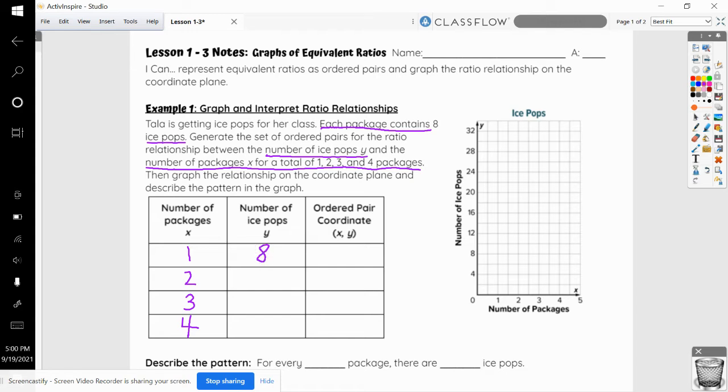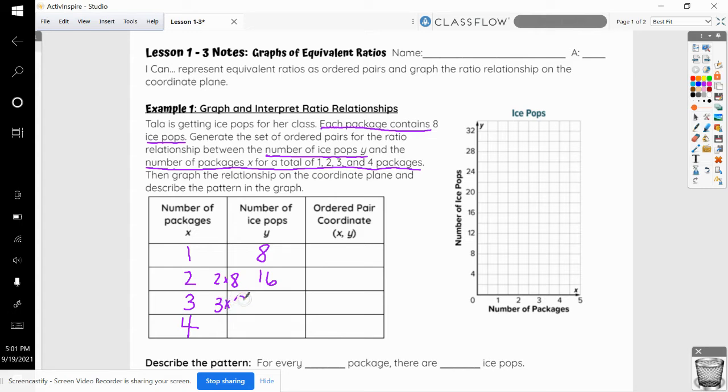That means each package has 8. So when I have 2 packages, I have 2 packages of 8 ice pops. So 2 times 8 is 16. Okay. My third package, or 3 packages, if Tala gets those, there's 3 packages.